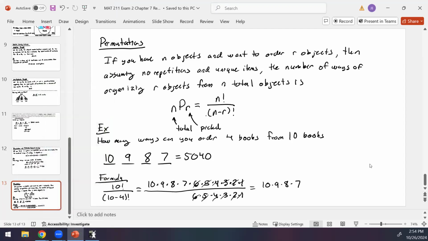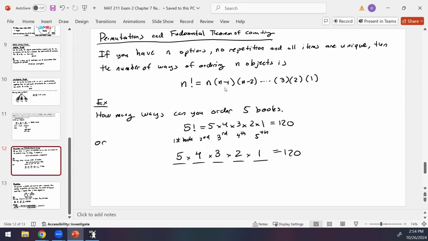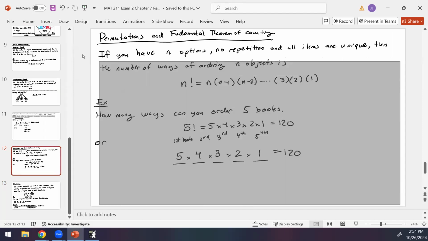All right, so that's permutations. Kind of went out of order, I realized. So this is the permutations of all objects. Okay, so I'm actually going to write that here.